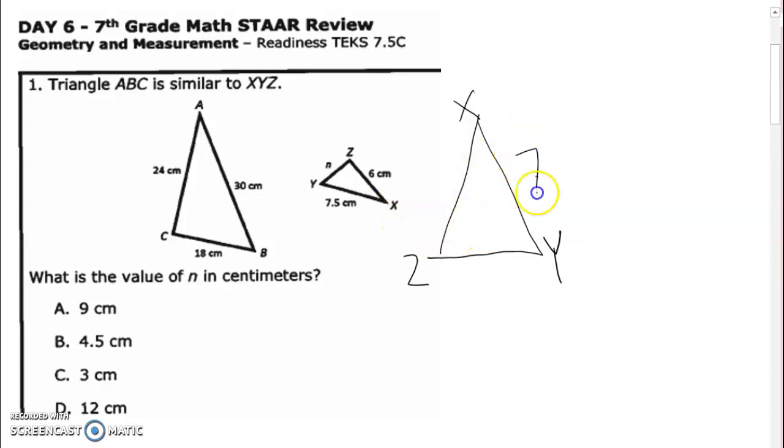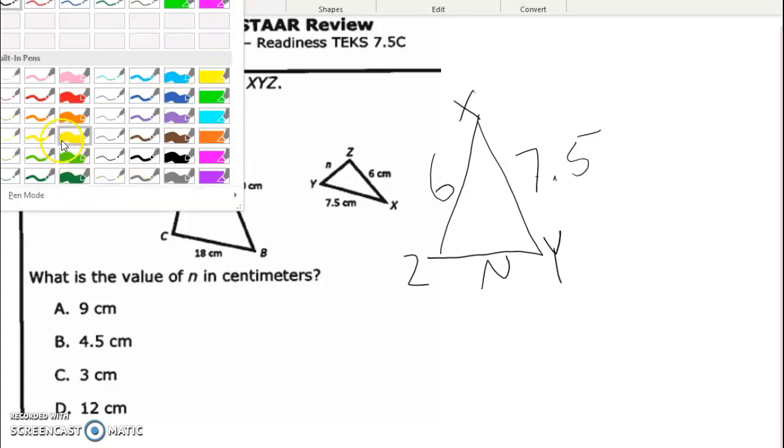XY is 7.5, XZ is 6, and ZY or YZ is what we're looking for. This is N. So now that you see them side to side, and they're both in the same position, okay, you want to say position.